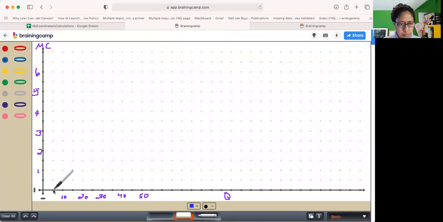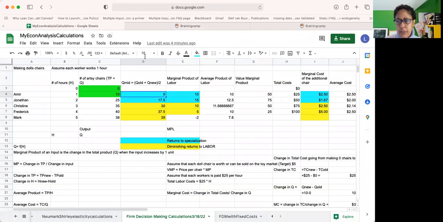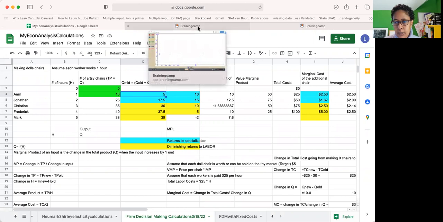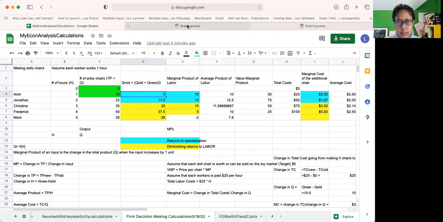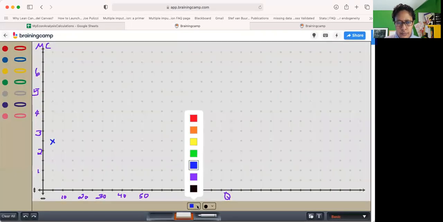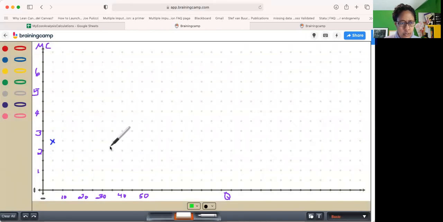Here's 5 as my quantity and 250. Oh, that's supposed to be blue here. At the same time, I want to plot my average cost, which is also 250 here. I'm going to plot my average cost at my actual number of chairs, my actual quantity. So 250, and let's have a different color. For my average cost, let's do green.